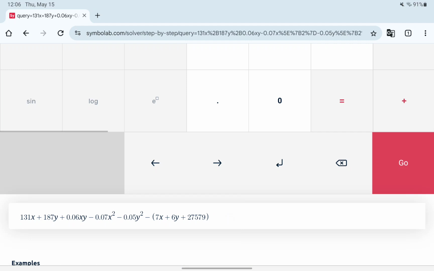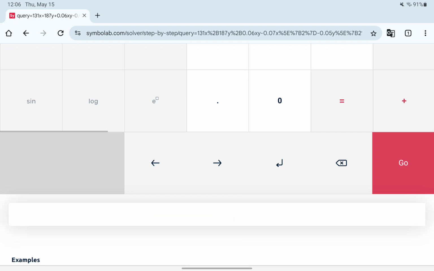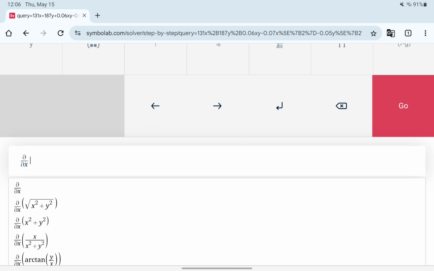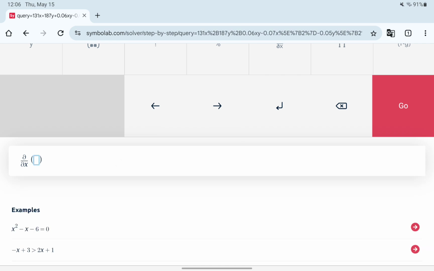Now, to evaluate the first derivative with respect to x, we'll select that delta over delta x notation. We'll enter our profit function.